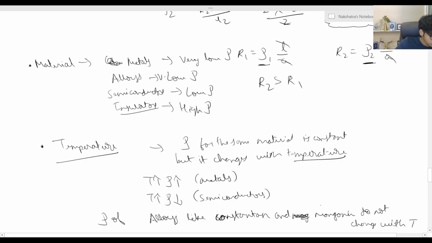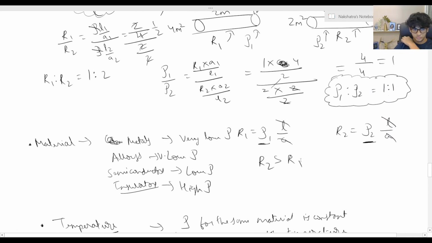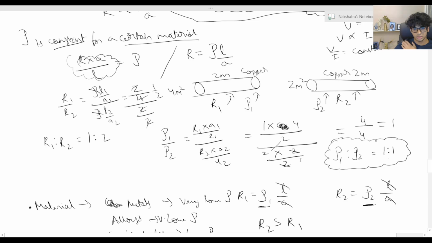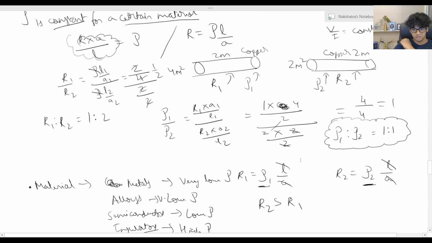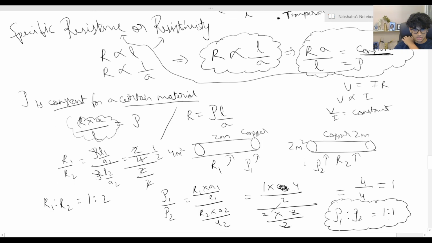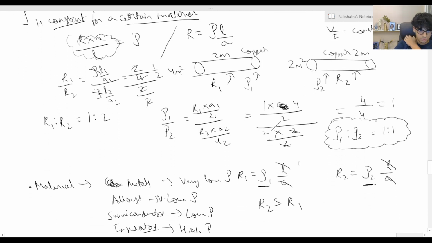Now we talk about, oh sorry, we missed out on the unit of specific resistivity, right? We can take that out very quickly. Here we know that rho is equal to resistance into area upon length, which is equal to ohm into area, meter square, upon meter.